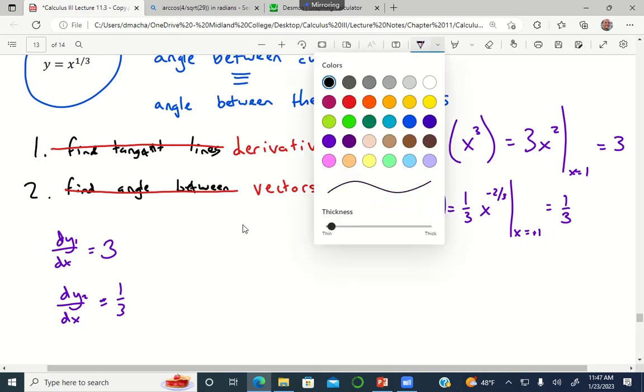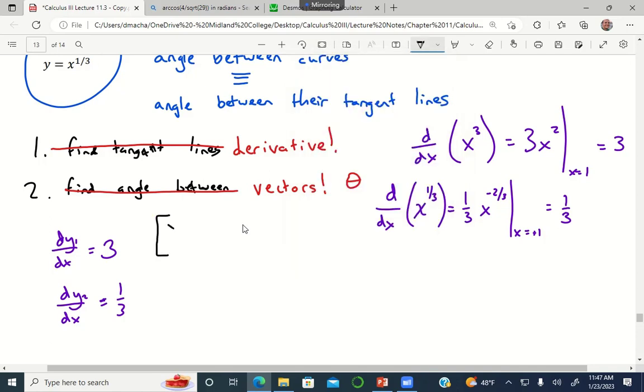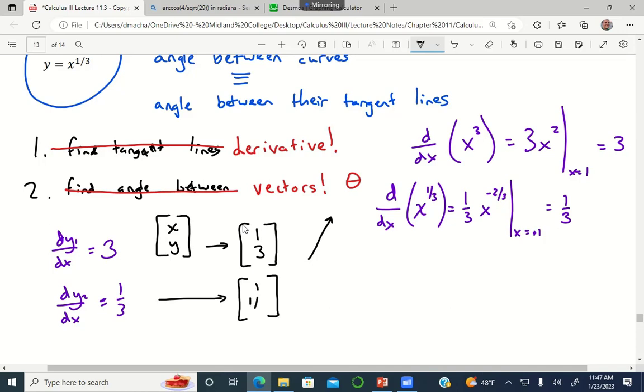If I want to write a tangent vector, the way I would do this is to make my vectors with an x coordinate and a y coordinate. For the first one, I could write the vector 1, 3. So 1, 3 gives me a vector where the rise, or the change in the y direction, is 3, and the change in the x direction is just 1. And over here, I could write a tangent vector 1, 1/3.